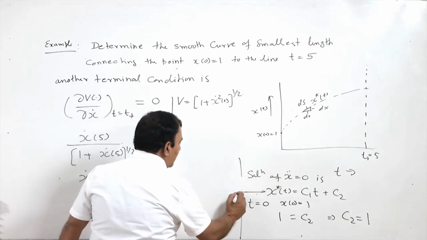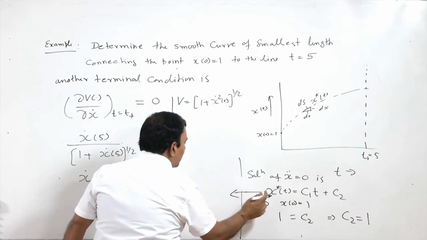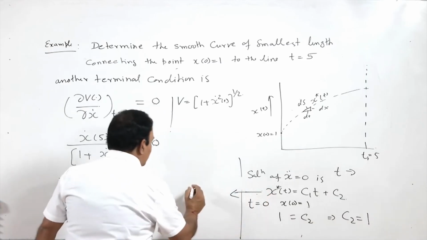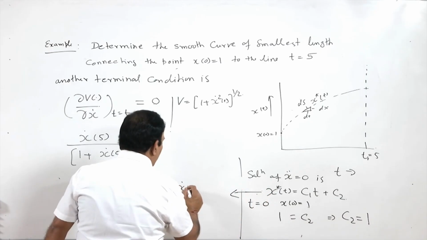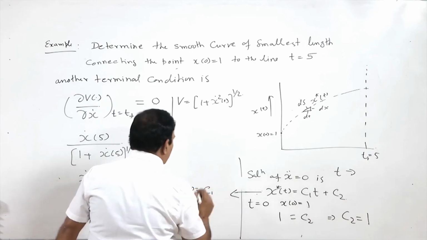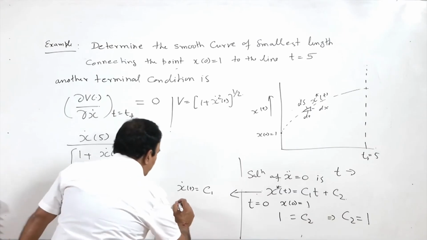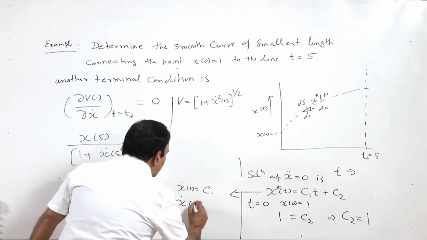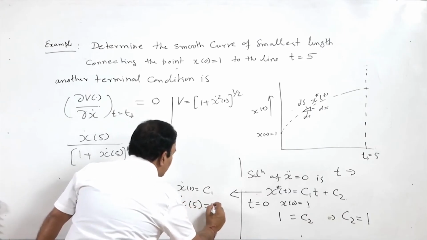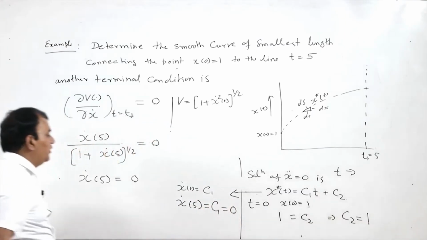But this is my x t. If I differentiate this, it gives me x dot t as nothing but C1. So, x dot 5 is nothing but my C1, and its value is 0.